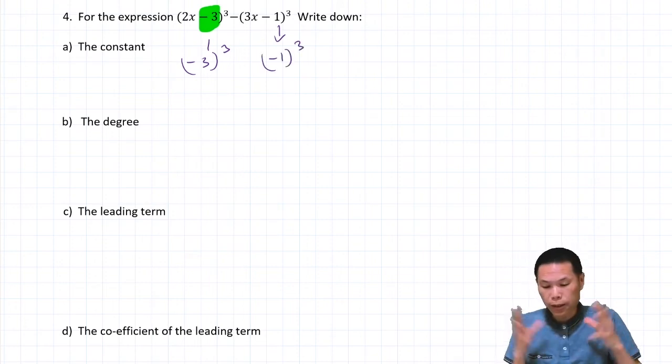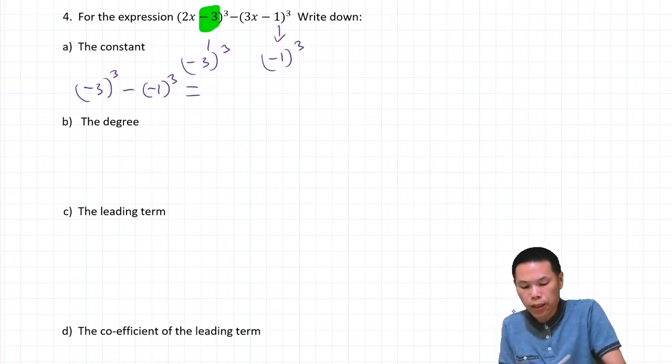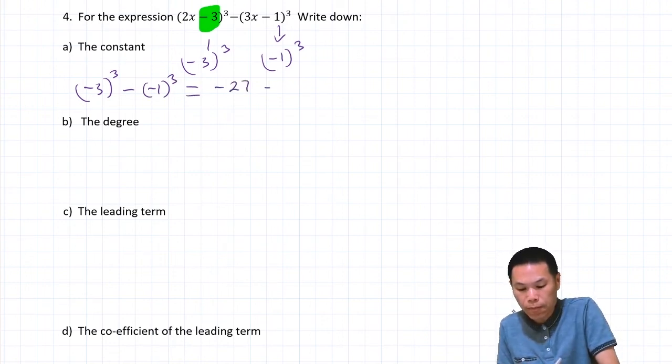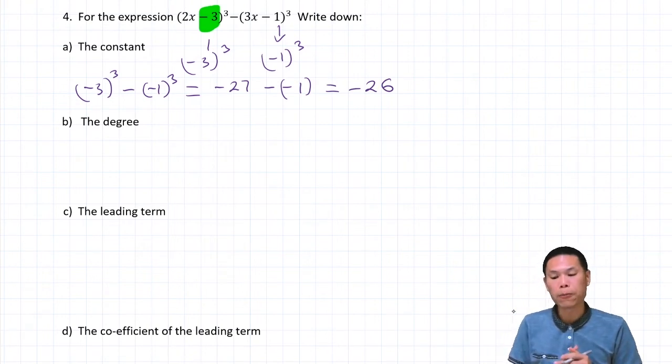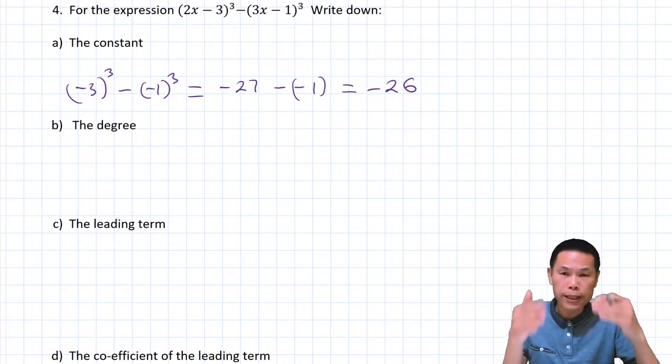So to find the difference in constant is negative 3 power 3 minus negative 1 power 3. So that gives me negative 27 minus, because it's minus negative 1, which is equal to negative 26. There you go.